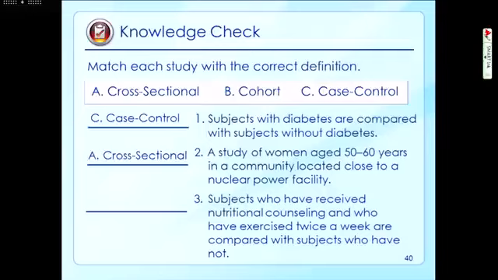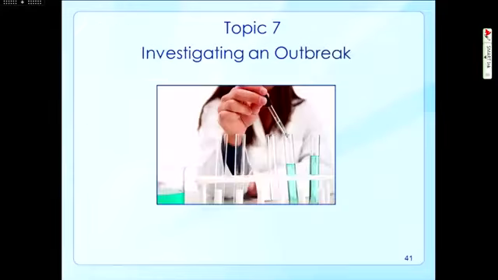This is A, a cross-sectional study. And finally, subjects who have received nutritional counseling and who have exercised twice a week are compared with subjects who have not. What kind of study is this? This is a cohort study.